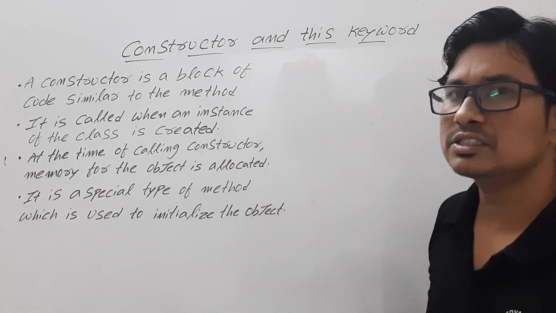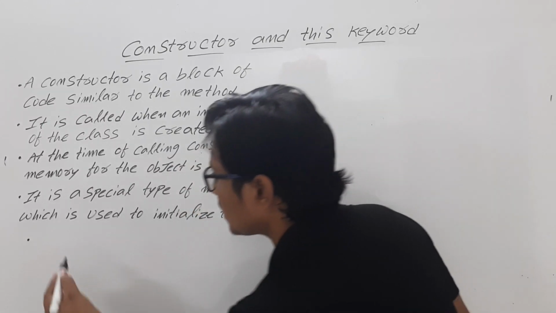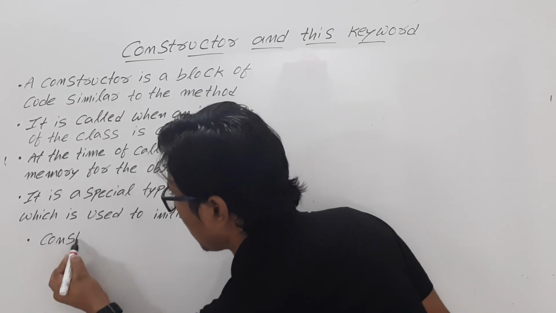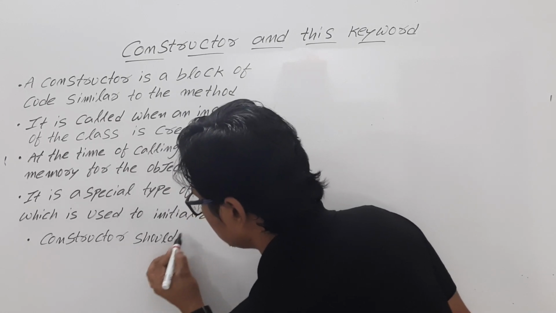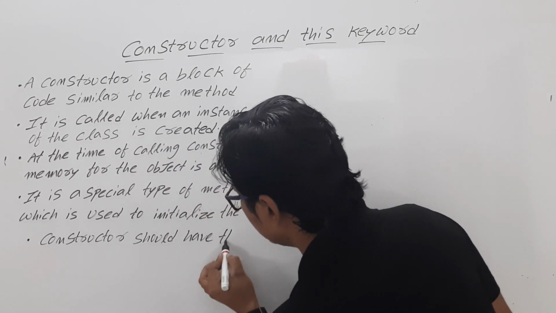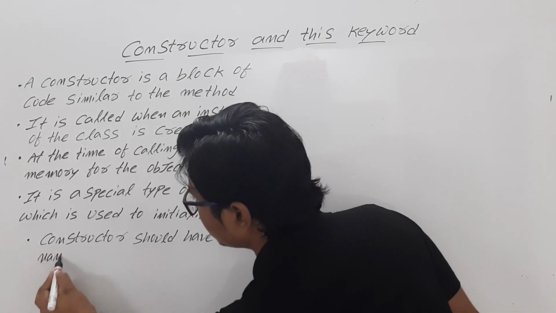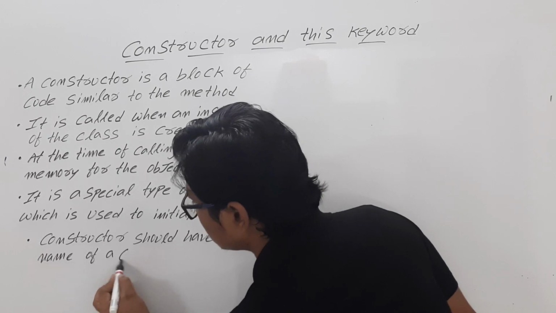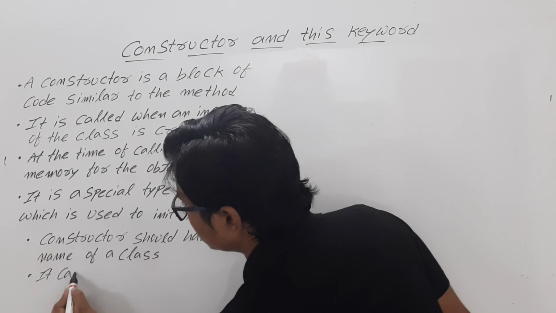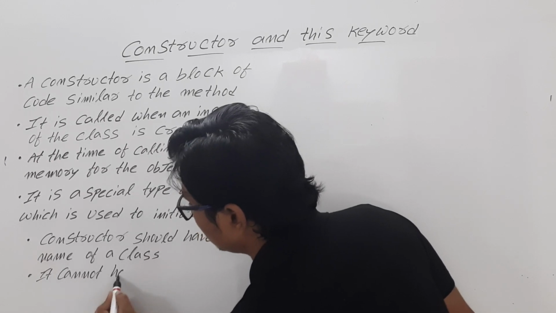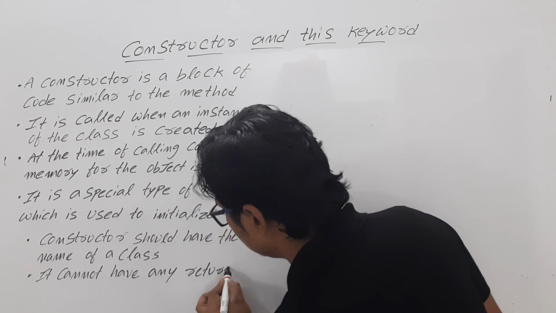Now let me discuss the rules. The first rule is that the constructor should have the same name as the class. And the second thing is that it cannot have any return type.